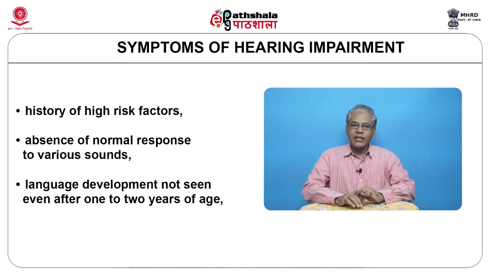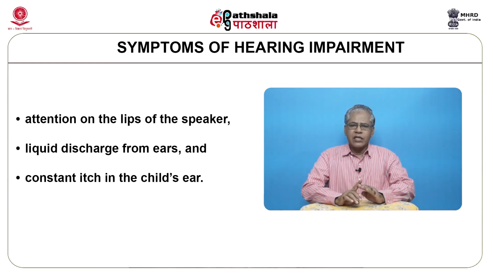A child with a hearing impairment can be identified during childhood through symptoms such as history of high risk factors, absence of normal response to various sounds, language development not seen even after 1 to 2 years of age, attention on the lips of the speaker, liquid discharge from ears, and constant itch in the child's ear.